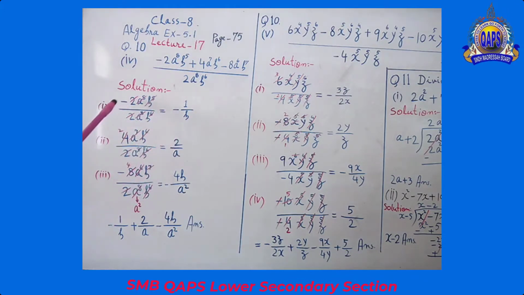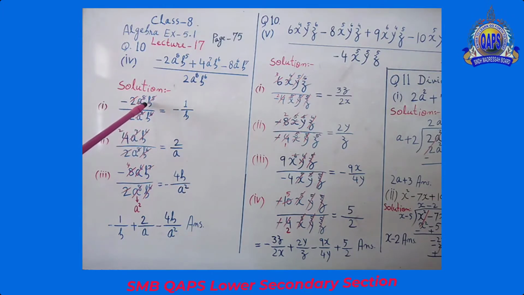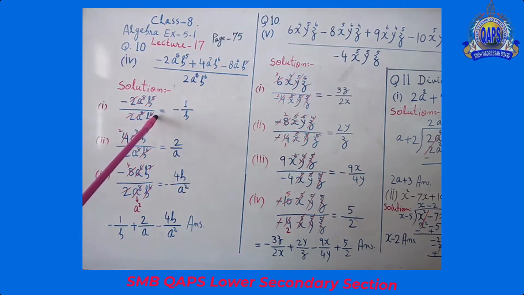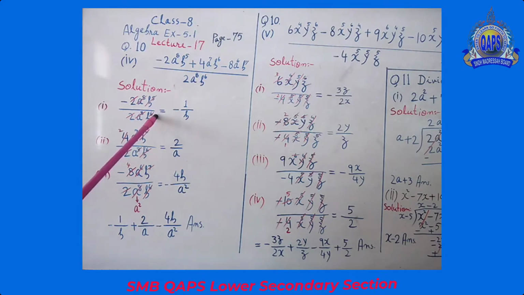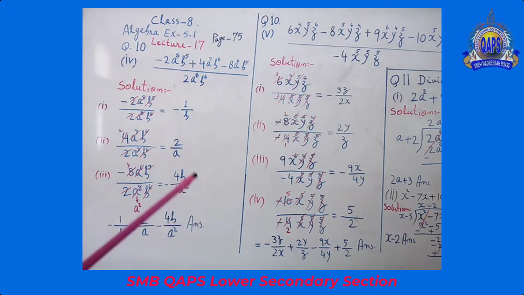How will you do it? 2 cancelled. a^8 cancelled. b^5 and b^5 cancelled. This is b^6, so 1b left over here. Students, attention please.